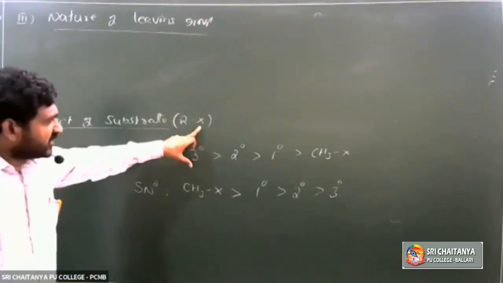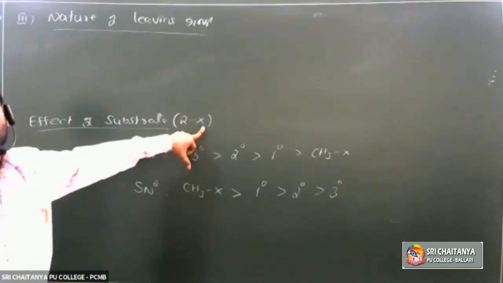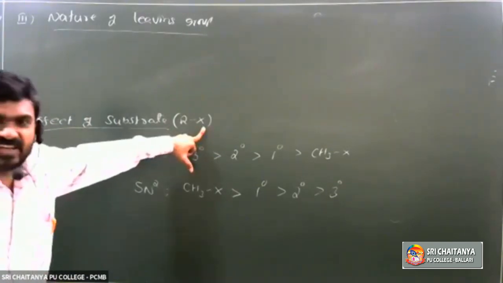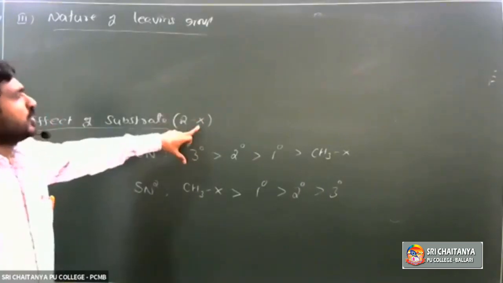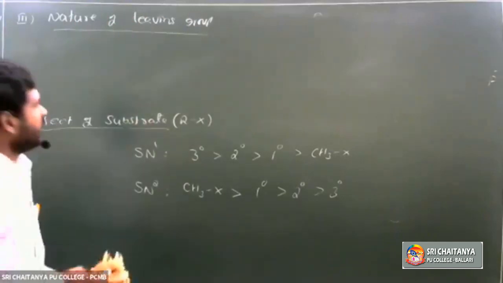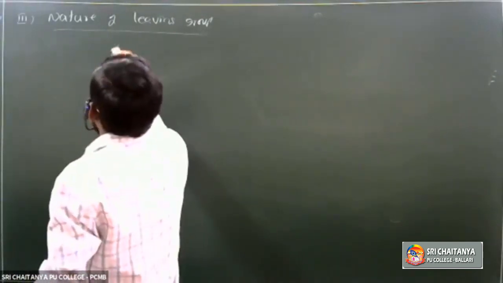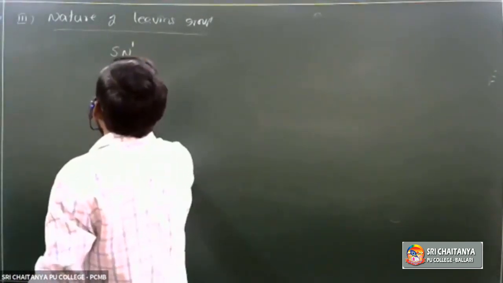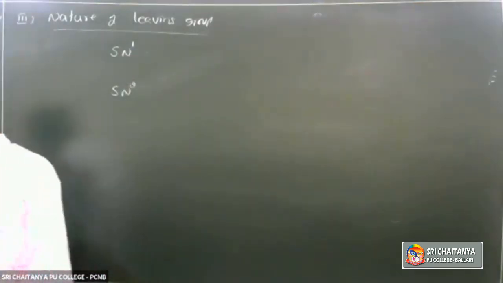So the halide ion is replaced by a nucleophile, either OH minus or R minus or I minus. X is substituted by the nucleophile. So, the nature of the leaving group matters, whether it is an SN1 reaction or an SN2 reaction.